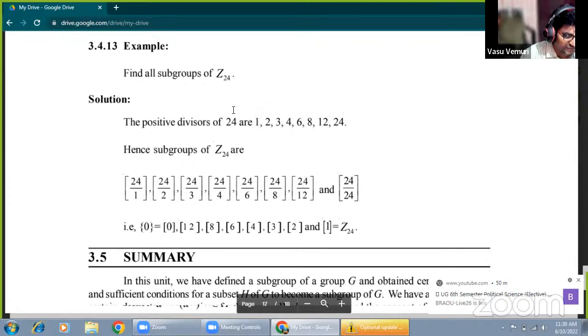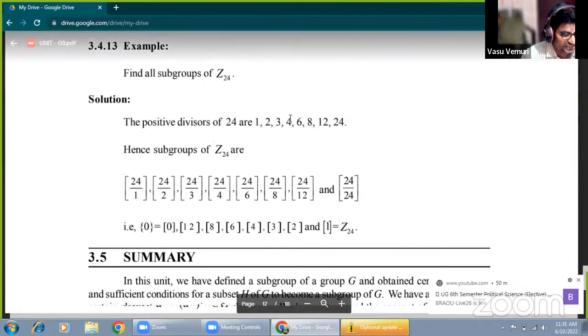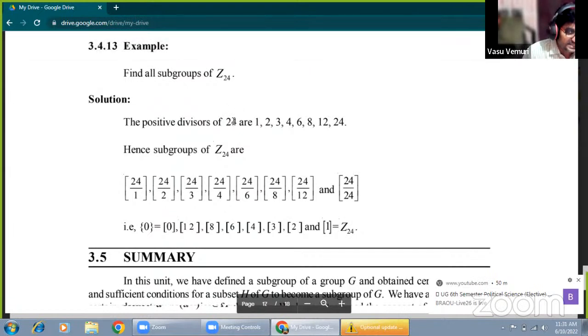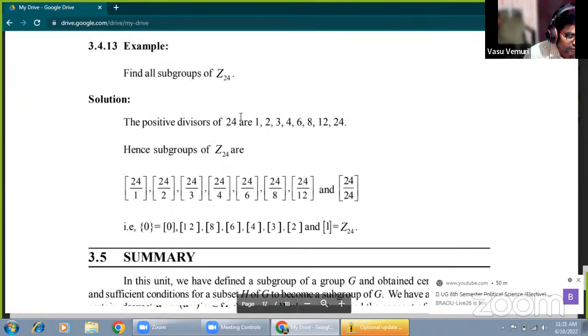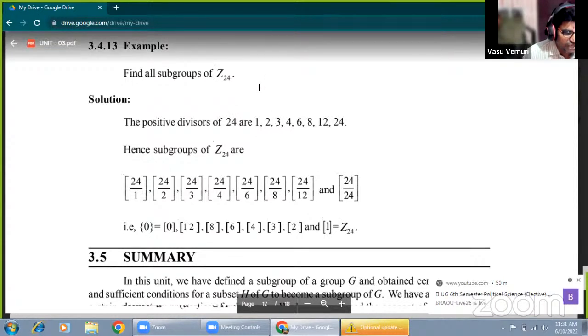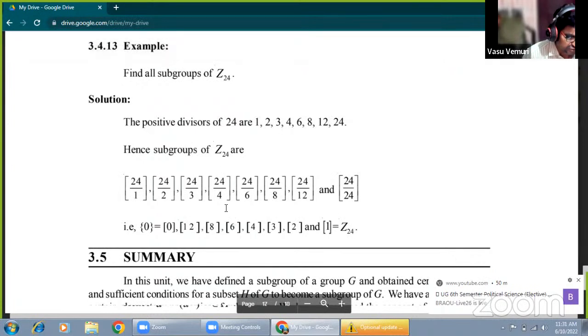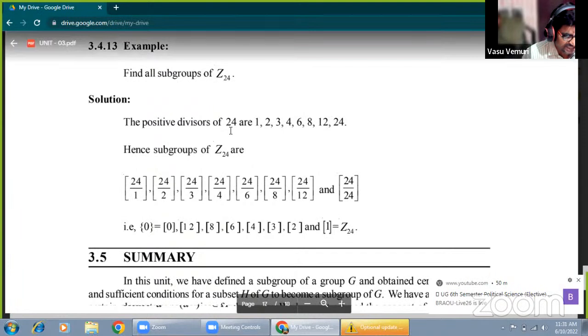1 is the unique factor. 2 is a factor, 3 is a factor, 4, 6, 8, 12, 24. These divisors also divide 24; these are the factors of 24. Now, the subgroups of Z24 are denoted by generated 24 by 1, generated 24 by 2, 24 by 3, 24 by 4, in square brackets, 24 by 6, 24 by 8, 24 by 12, 24 by 24.